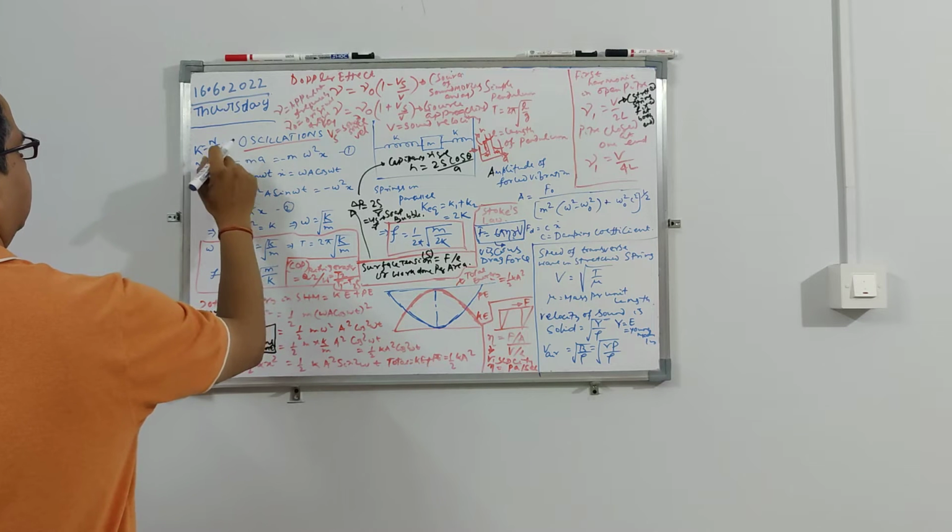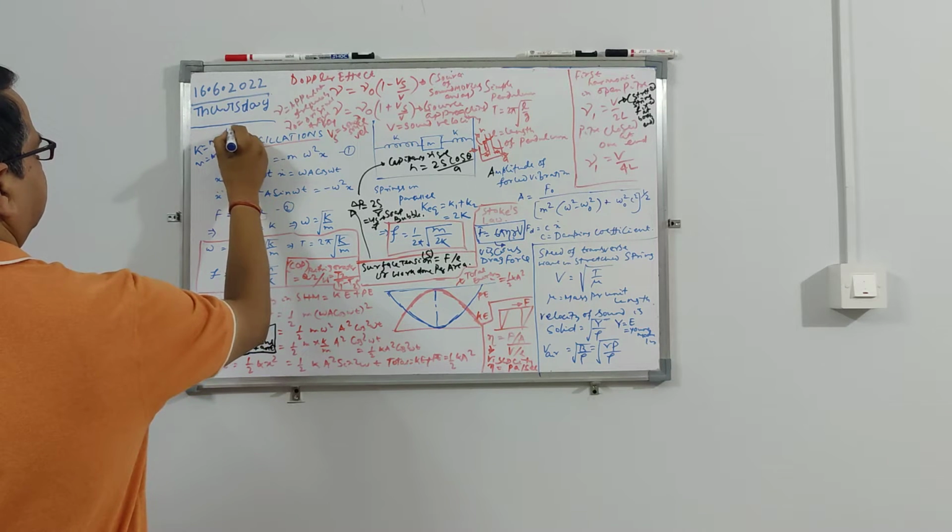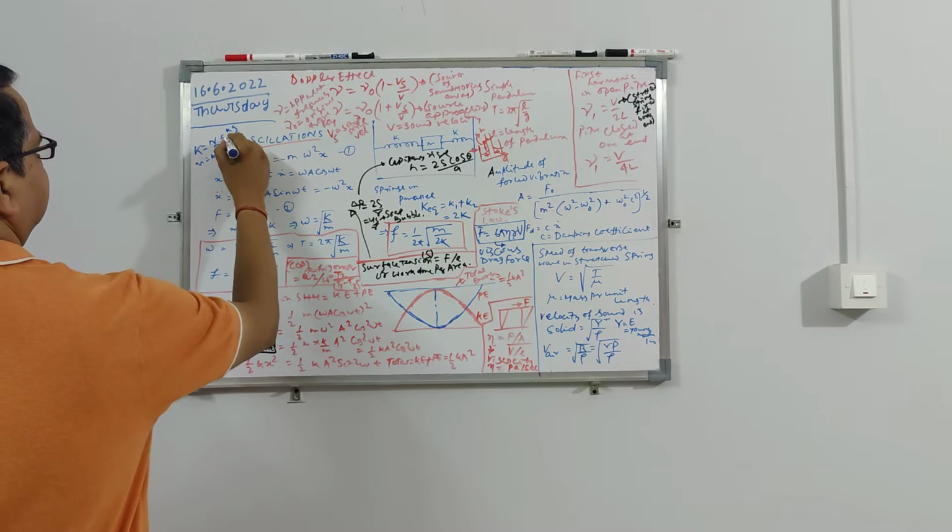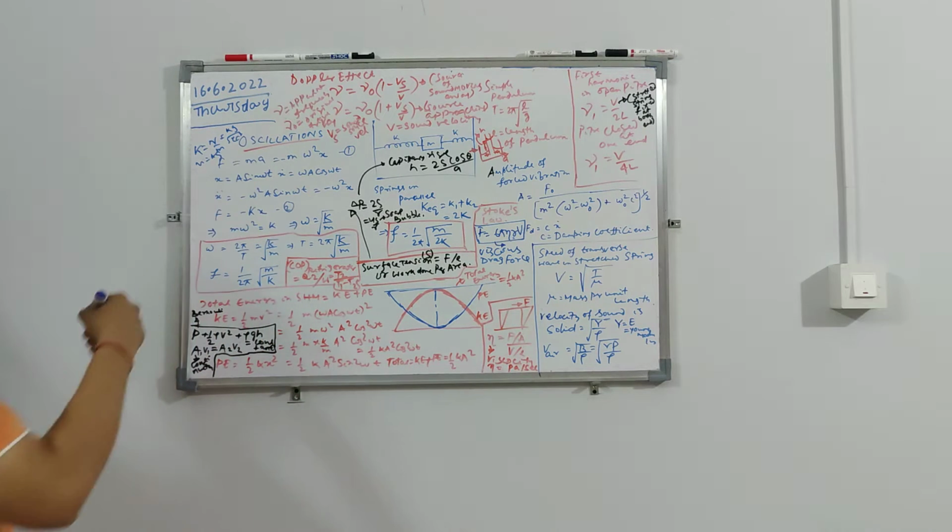Newton per meter per kg, so this is kg per second square divided by kg, because meter cancels, so it will be second.